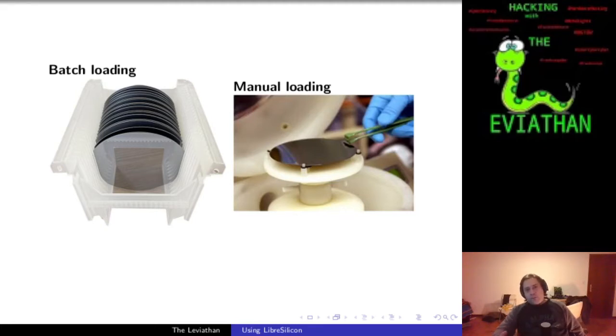While in a normal laboratory setup, you usually only load one wafer at a time using a pair of tweezers. The reason for the bulkiness of most of the industrial level machines is exactly the required mechanics to perform all this batch loading and unloading into empty receiving wafer cassettes.